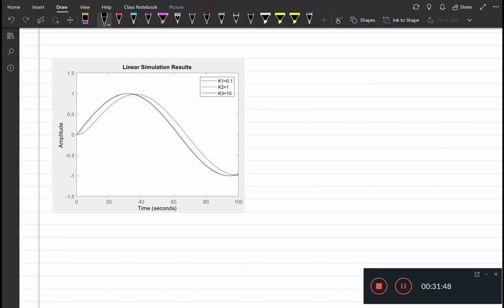There is no noise injection, but we have a reference that should be tracked, with a relatively low frequency. What we see for k1 equal to 0.1, which is the red one, is that you don't see the reference here actually, but it's just a sine wave quite close to what you see in the blue and the green curves.